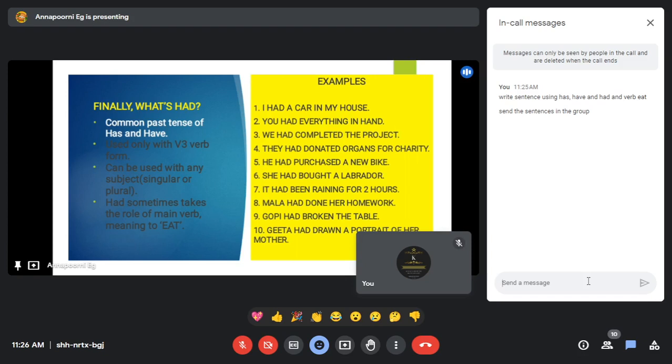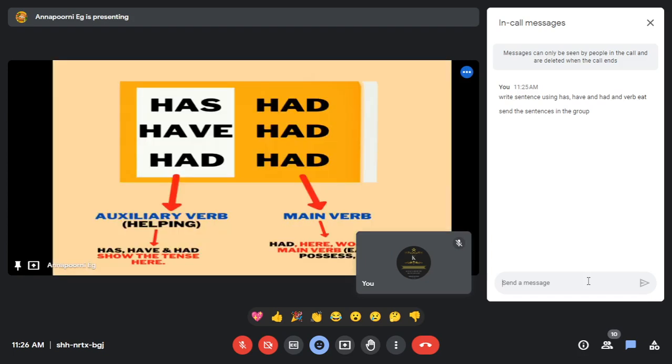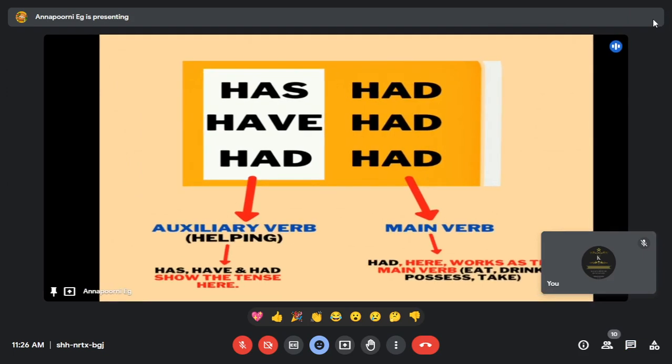So this is how we have to use the word had in sentences. And this is very simple, nothing but has, have and had are generally helping verbs, right? They are helping verbs or auxiliary verbs and they are used to show the tenses. Has and have will show present tense and had will show past tense.